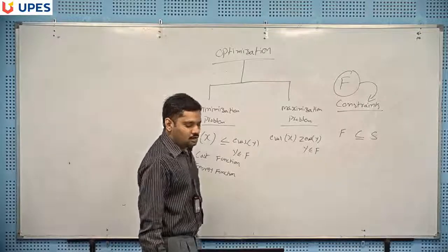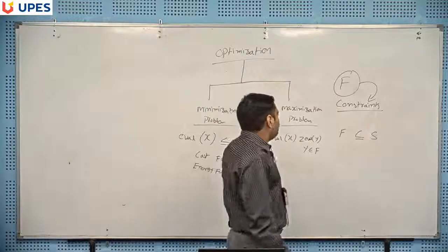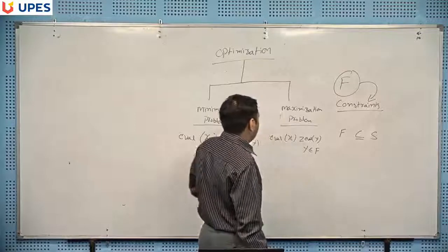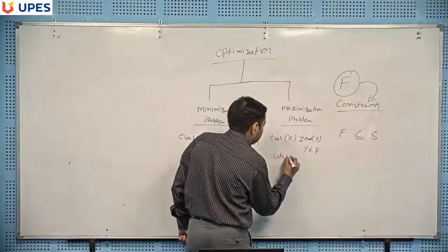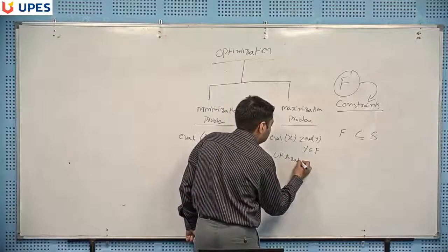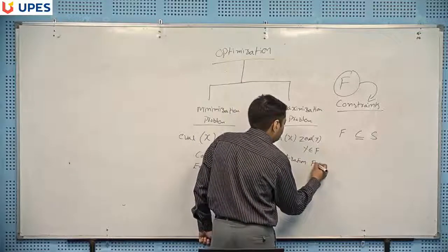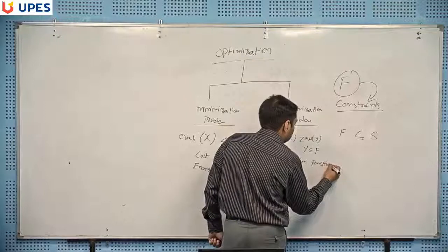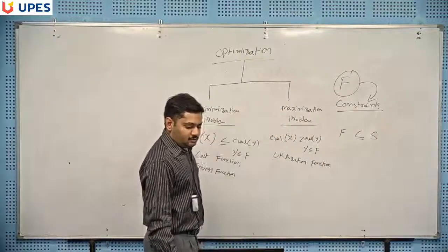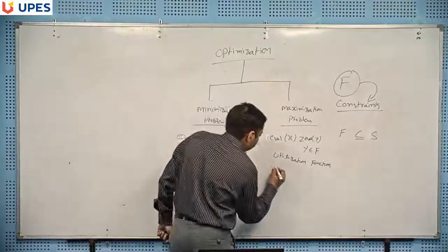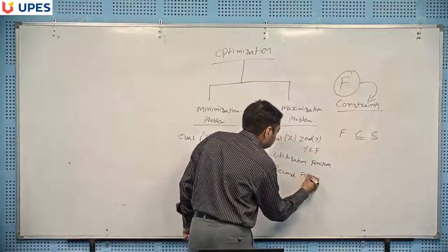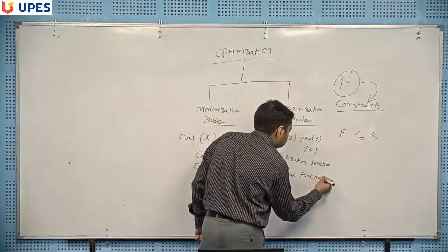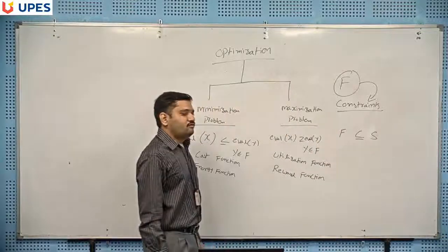When we talk about the maximization problem, the objective function would be the utilization function or the reward function.